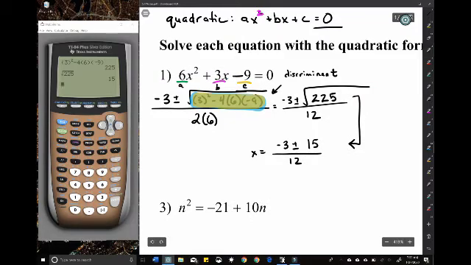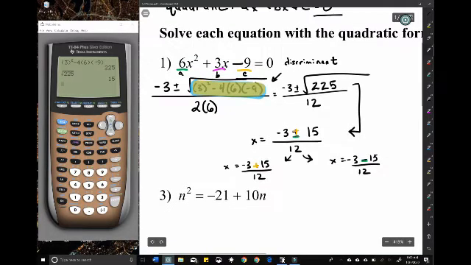And since that comes out to be a perfect square root, we have two problems essentially we can set up: x equals negative 3 plus 15 over 12, or x equals negative 3 minus 15 over 12. We have two different options. One of them's the plus, and one of them's the minus.